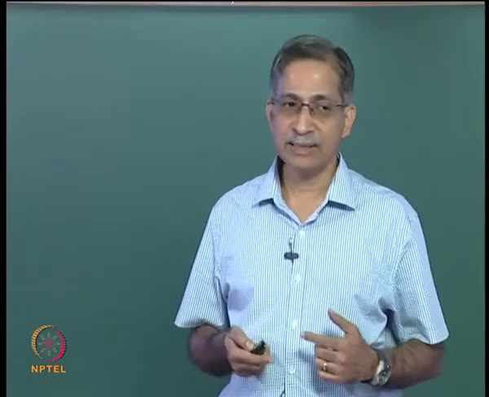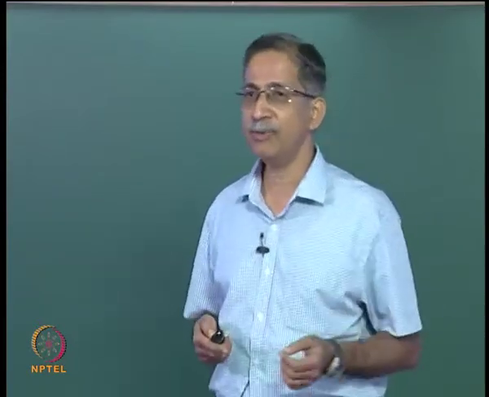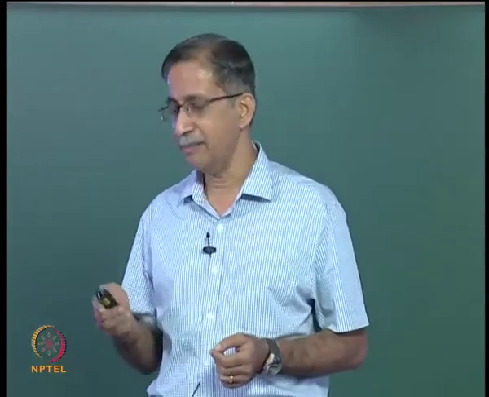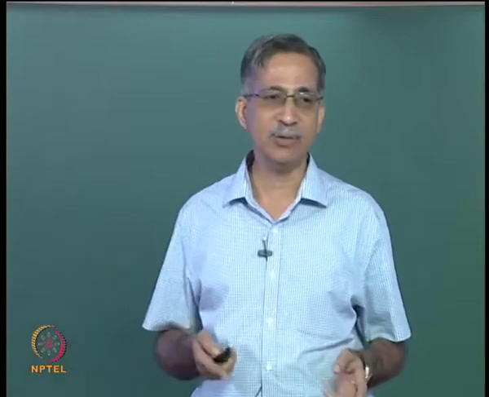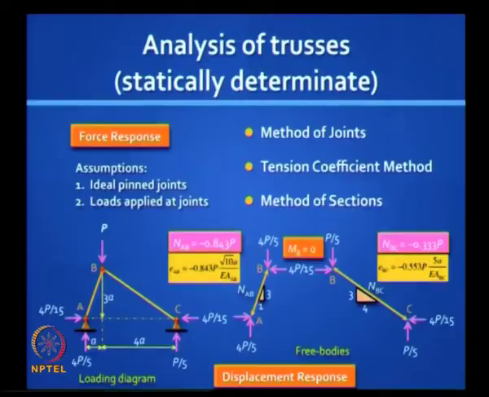The word elongation is strictly appropriate if the axial force is tensile, which is what we assume when the force is positive. If the force is negative, then it is compressive and the elongation turns out to be a contraction. And what is the relationship between the axial force and the elongation? Elongation is equal to what? PL by EA.